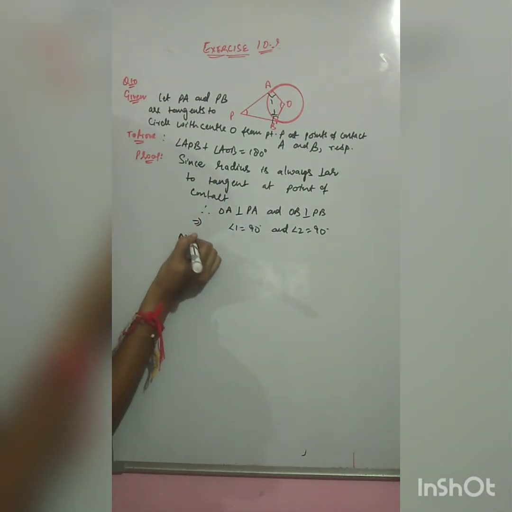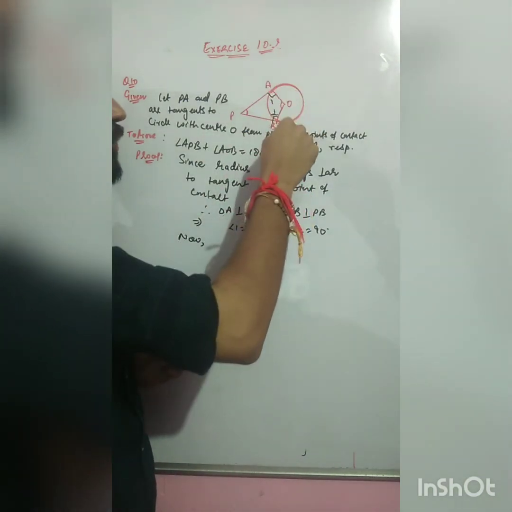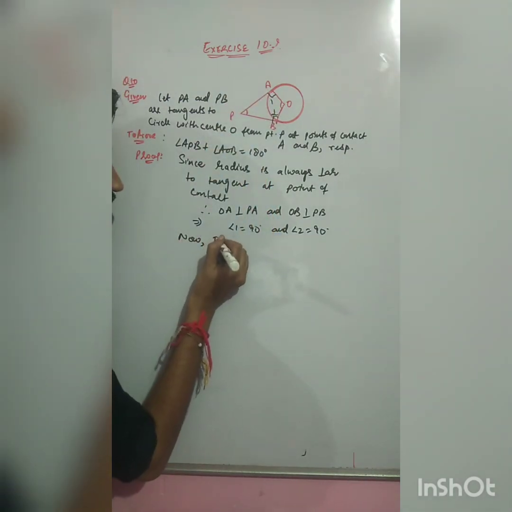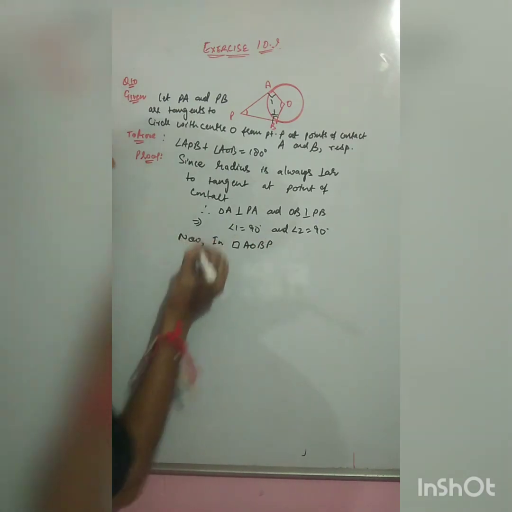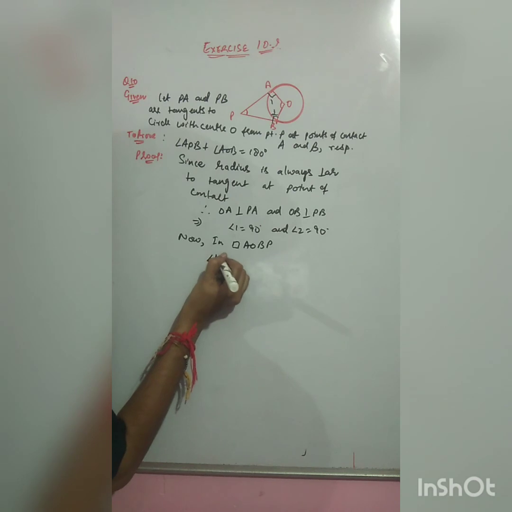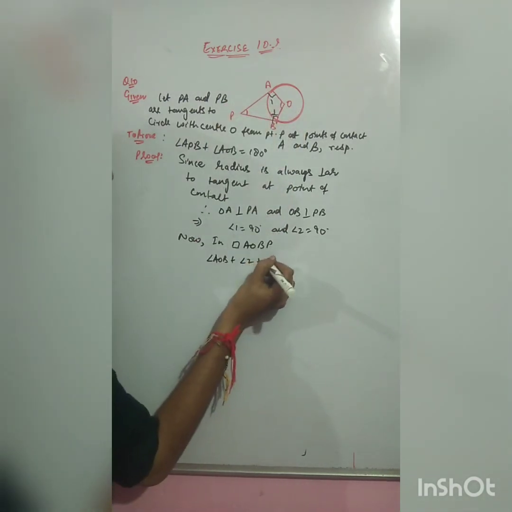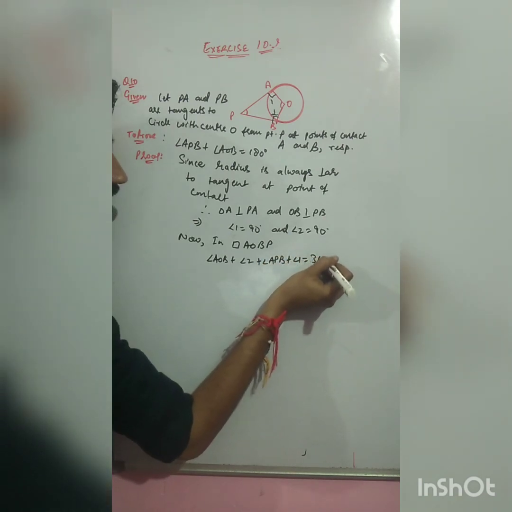Now, if we observe this figure AOBP, this is the quadrilateral AOBP. In quadrilateral AOBP, by angle sum property, angle AOB plus angle 2 plus angle APB plus angle 1 is equal to 360.